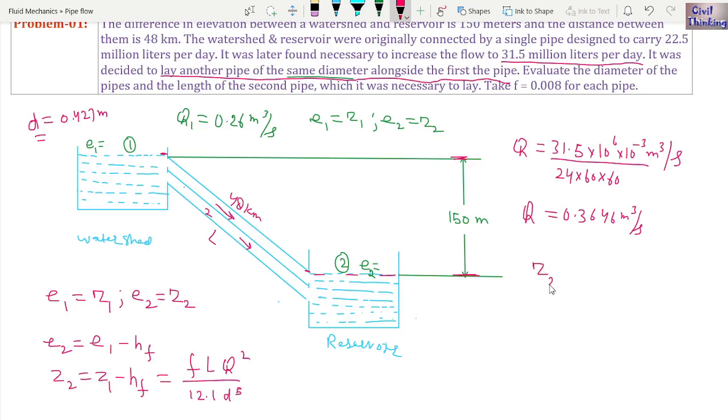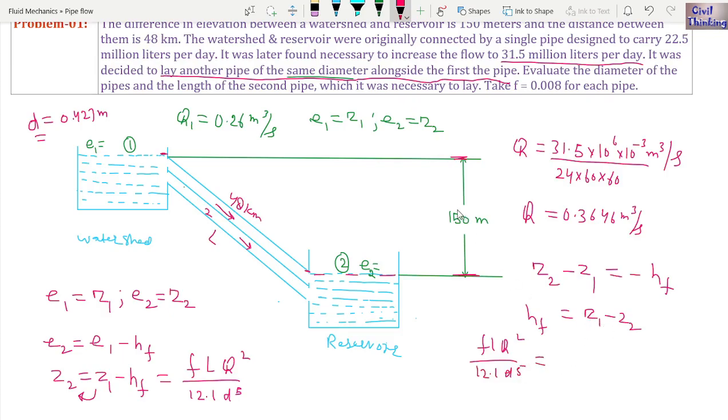So what we get now is Z2 minus Z1, I will put the Z1 in this direction, is equal to minus HF. So HF is Z1 minus Z2. Now HF is FLQ square divided by 12.1 D5.